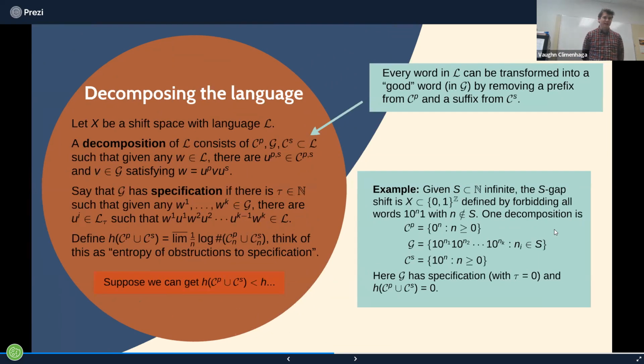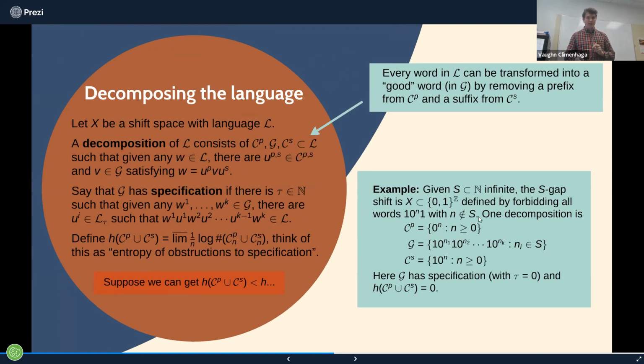And the crucial idea is this idea of a decomposition of the language. So suppose we have a shift space and L is its language, so that L is all of the possible finite words that appear in any sequence in your shift space. By a decomposition of the language, I mean a choice of three lists.